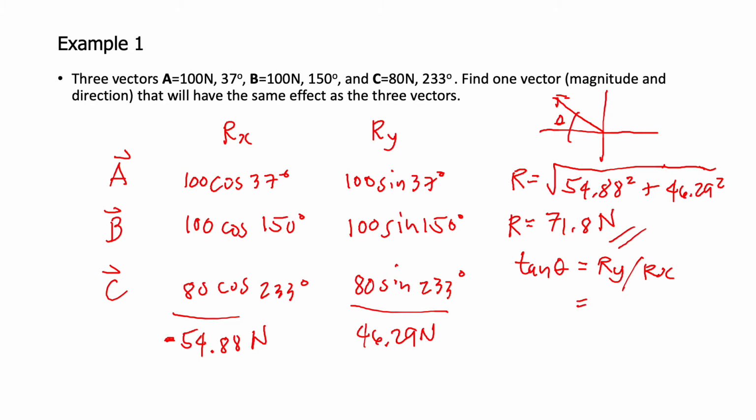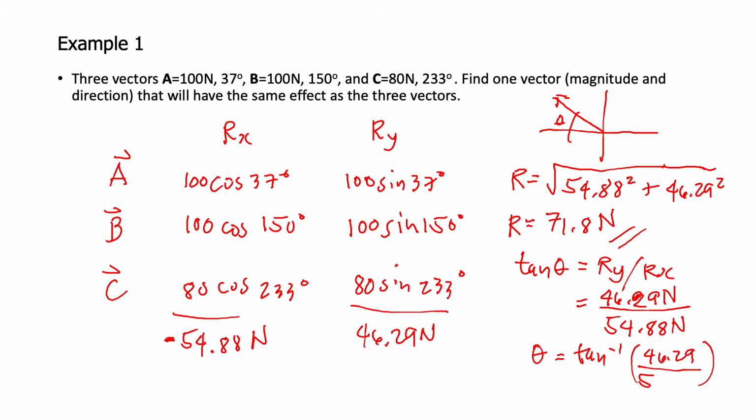So this means it's 46.29 newtons divided by 54.88 newtons, and theta is equal to arctangent of 46.29 divided by 54.88, which is equal to 40.15 degrees. So this is our theta.